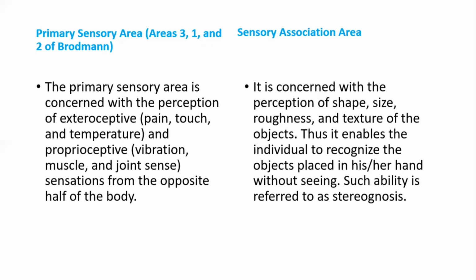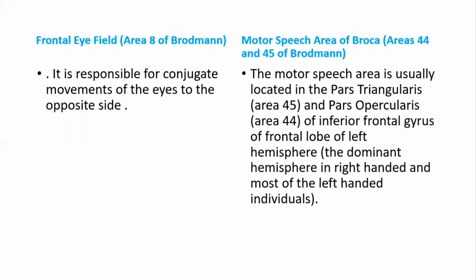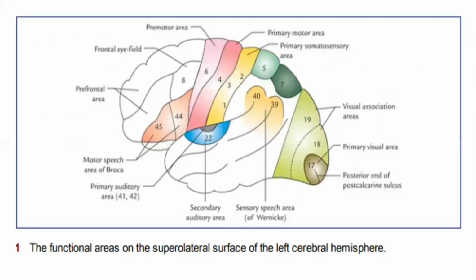This is called the primary sensory area, which is areas 1, 2, and 3 of Brodmann, which in this picture you can see, the primary somatosensory area. Pain, touch, temperature, they're all related to this area over here.